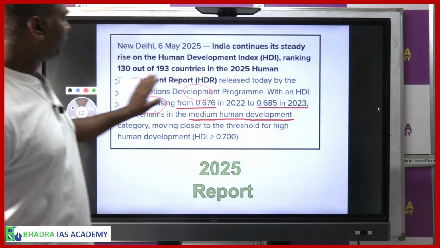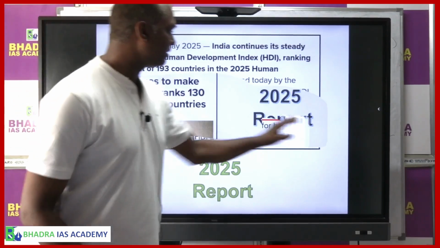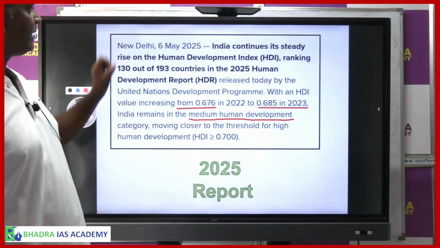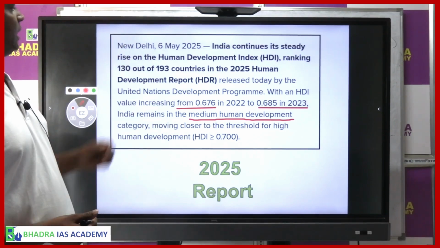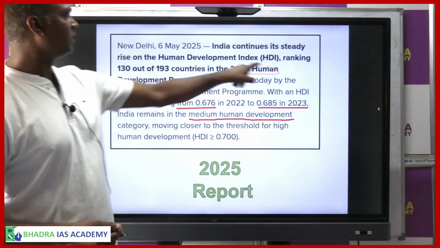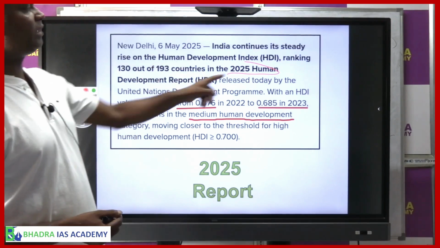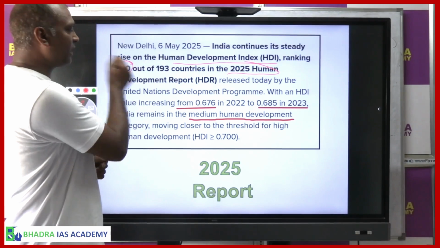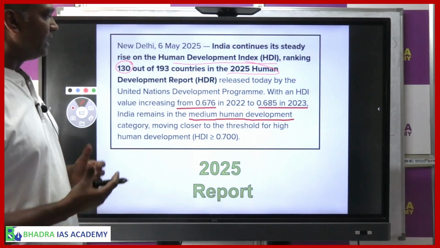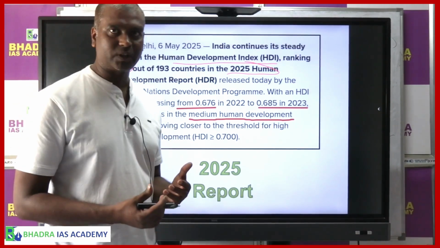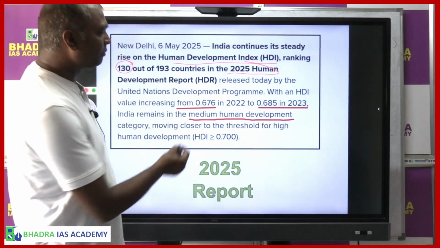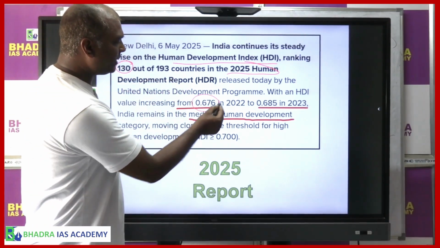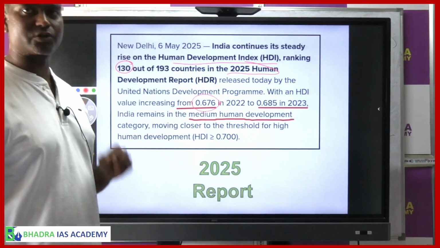Now if you look at the report, this is the UNDP page on India. So what does it say? In the 2025 Human Development Report, we have the Human Development Index. In that index, India's rank, as I said, is 130. Now if you see India's progress, in the earlier Human Development Report we had a 0.676 score.